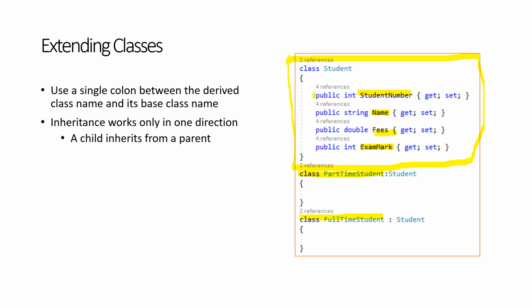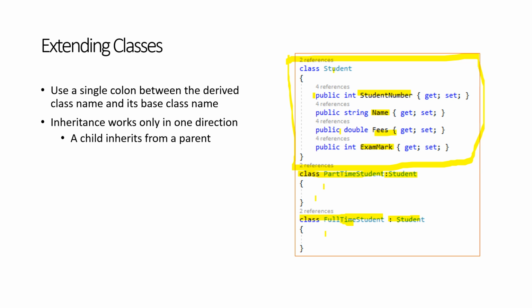And if we want to say both these are students, in order for us to show that both these classes inherit from the student class, we need to do so using student. So after our class name, we put a colon and then we write the name of the class that this class inherits from.